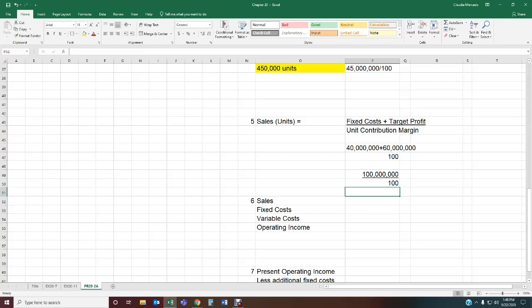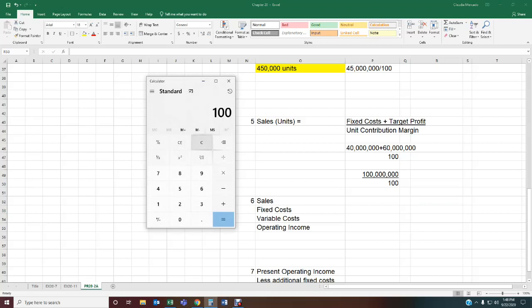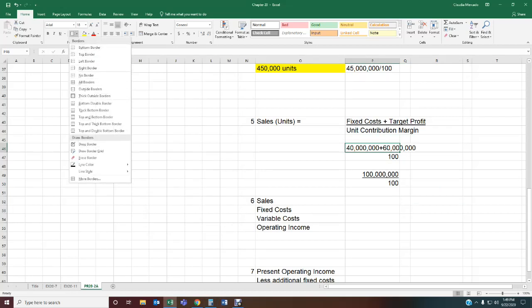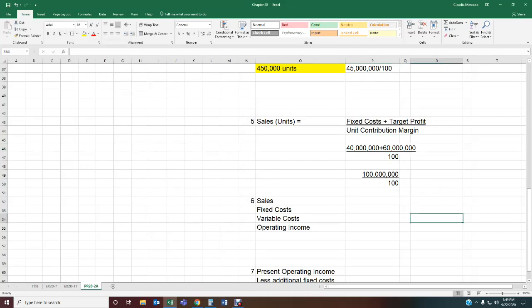Did I finish this one? No, I didn't. I don't know what I'm doing now, guys. So it's 100 million divided by 100. That's $1,000,000. What am I doing here? Number 5. So 40 million plus 60 million, that's 100 million. And then we're going to divide. I forgot to put the underline here.